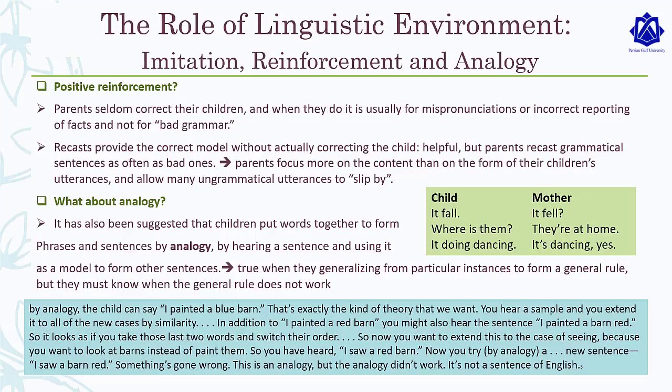So both sentences are okay, and if based on these two sentences they want to make an analogy and create sentences with saw with a similar structure, well, they would have I saw a red barn. That's okay. But what about I saw a barn red? This is not a grammatical sentence in English. Analogy didn't work in this case.